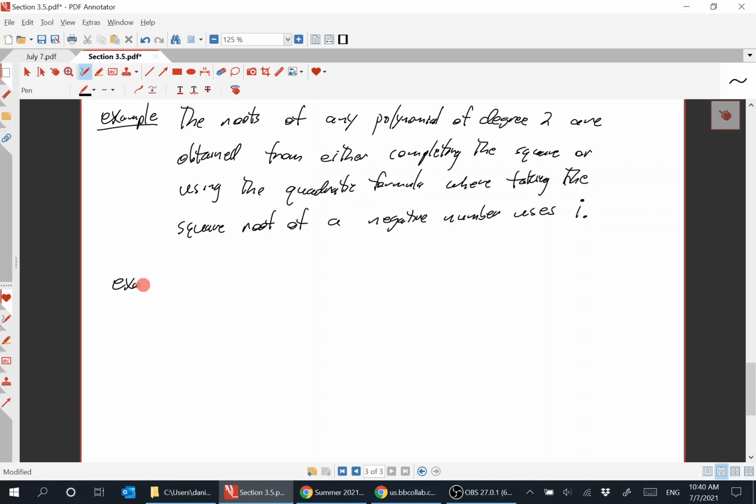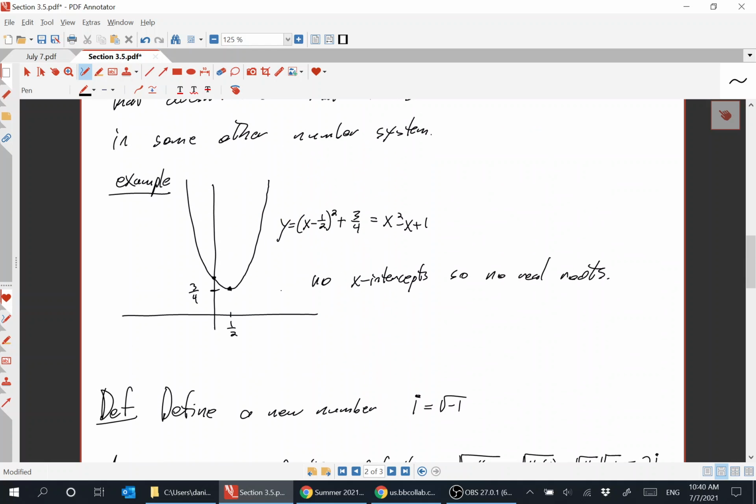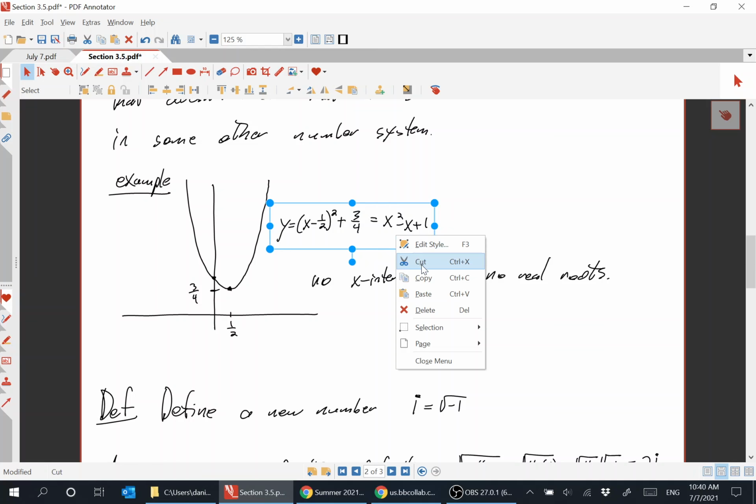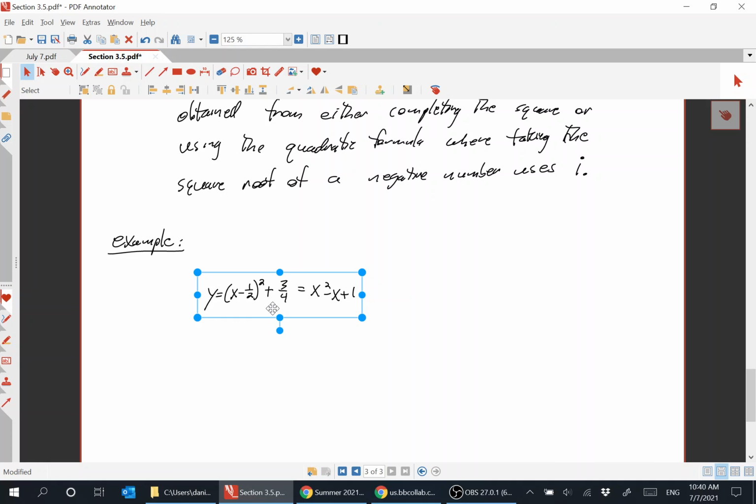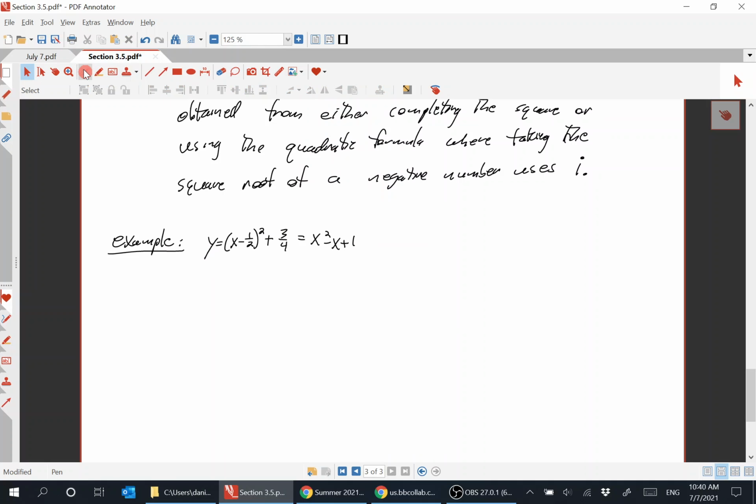So for example, going back to this polynomial over here, if we use the form for completing the square, x minus 1/2 squared plus 3/4 equals 0. Move the 3/4 over there.